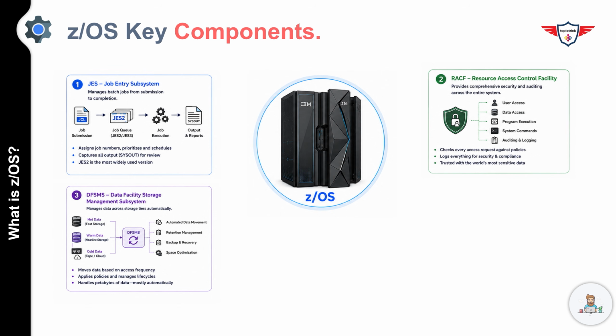Now let's talk about our next component, that is RACF, Resource Access Control Facility. Security on z/OS is handled by RACF, and when I say security, I mean everything. Who can log in, which data they can read or write, which program they can run, which command they can issue.